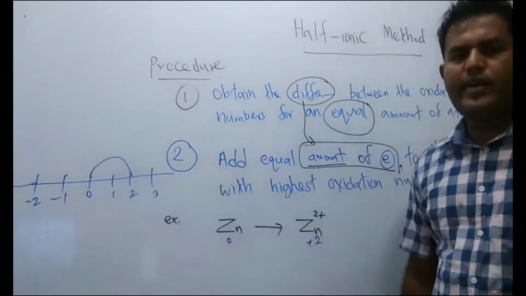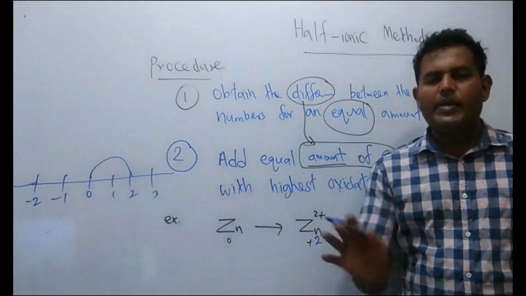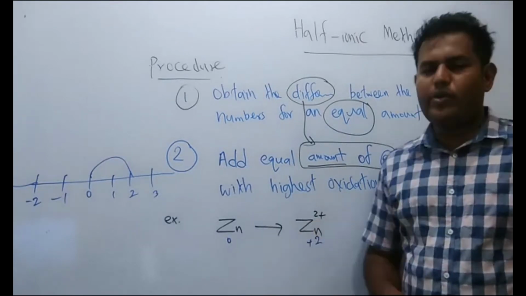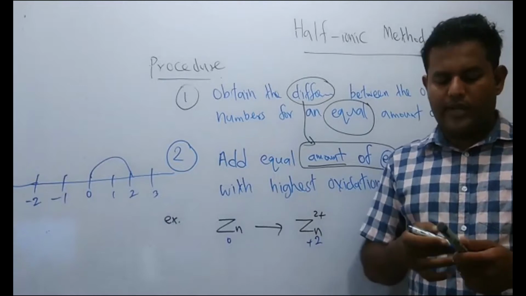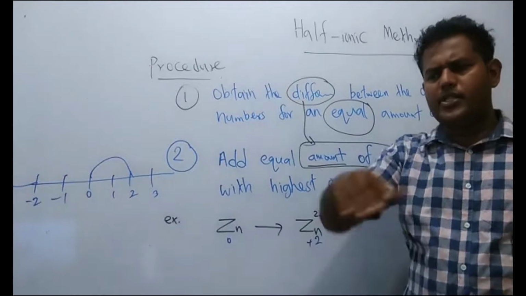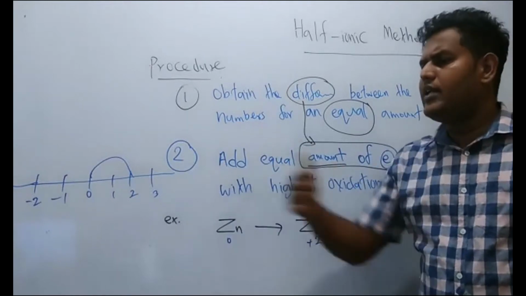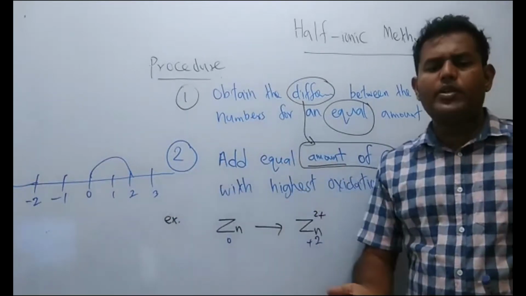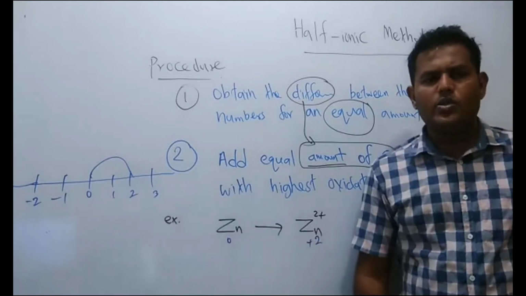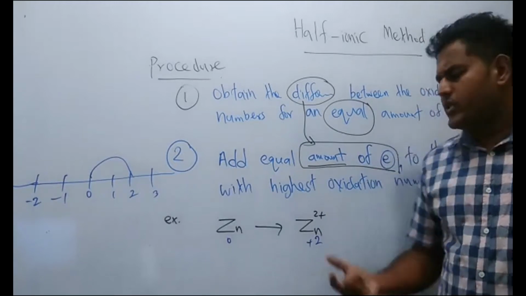It's always a positive value. If you want the algebraic value, take plus 2 and subtract 0. But just imagine the number line and take the gap, walking from one value to the other. So here, 0 and plus 2: the difference between the two oxidation numbers is 2.